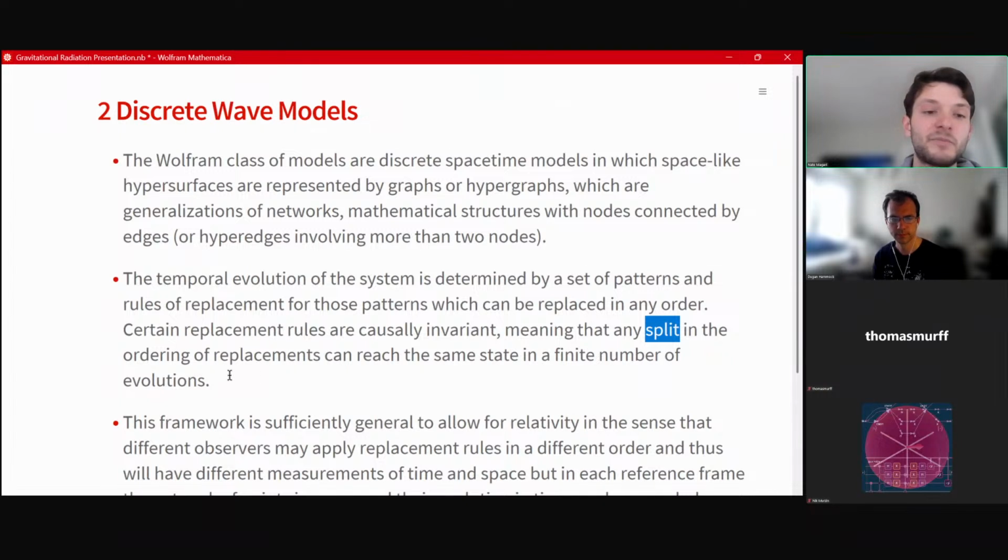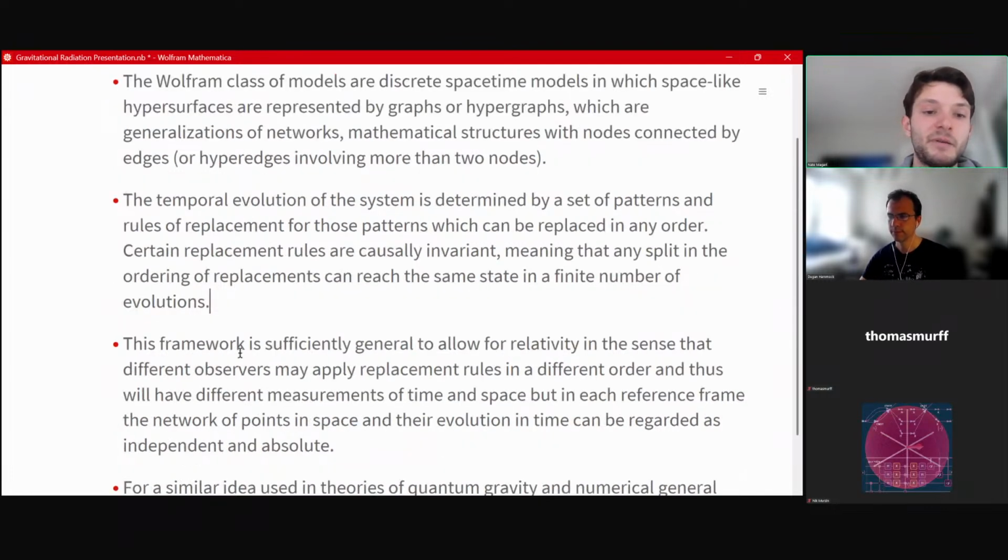So that's something I was trying to keep in mind when looking at rules: these causally invariant rules are the ones that have the most potential to represent a space-time model.